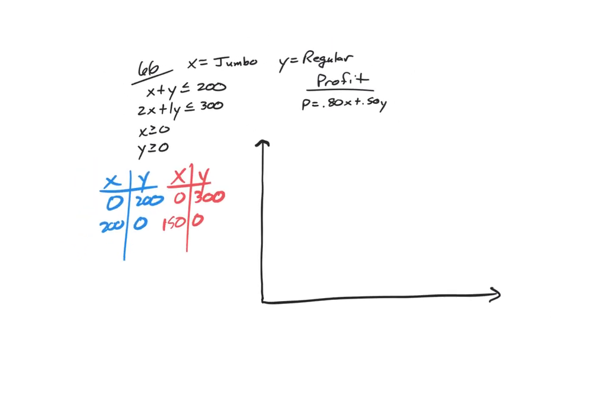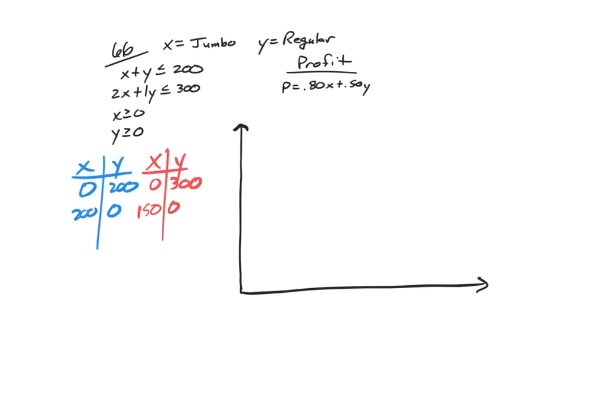And I don't really care what you use for your scale here, but once again, I would probably go in increments of 150. This time we only need to go up to 300. And we only need to go up to 300 on the y-axis if you really want to be exactly right, because the x values only go up to 200.